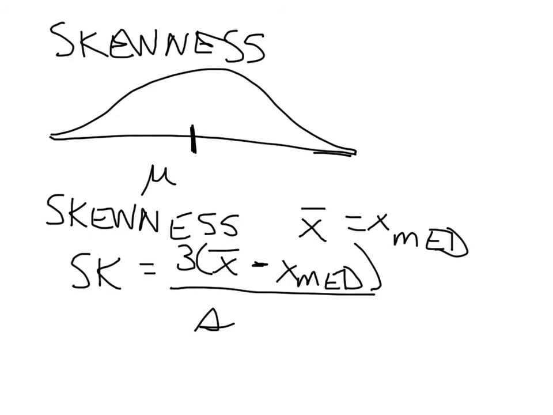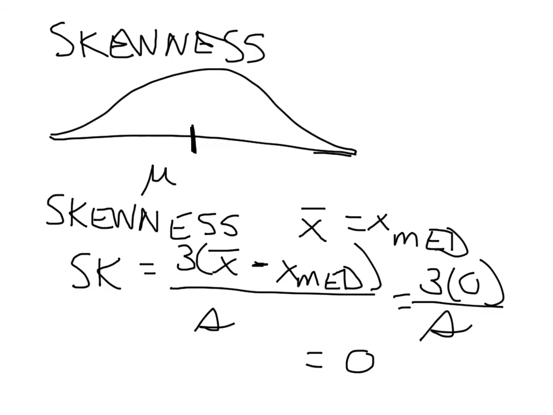But if they're equal to each other, I'm going to have 3 times 0 over whatever S happens to be, and that just gives me 0. Okay? So we're running everything off of that. In the ideal world, if your data set follows a normal distribution, your measure of skewness will be 0.